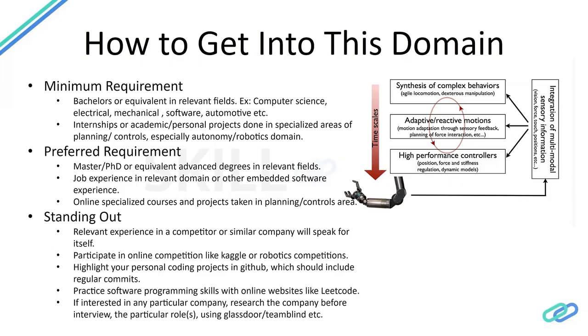But for motion planning and controls, a lot of things are not possible online, so you'll have to perhaps get involved in local robotics competitions. This is important: highlight your personal coding projects on GitHub, which should also include regular commits, to show that you are really interested in software, not just trying to suddenly show something to get a job.